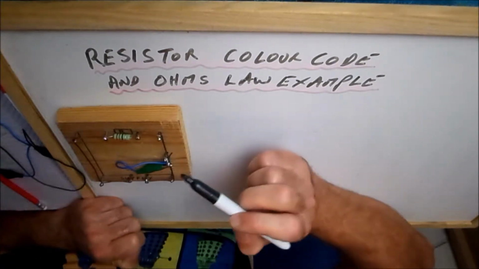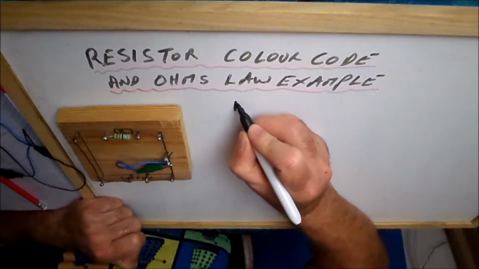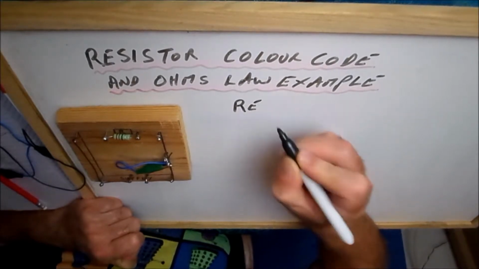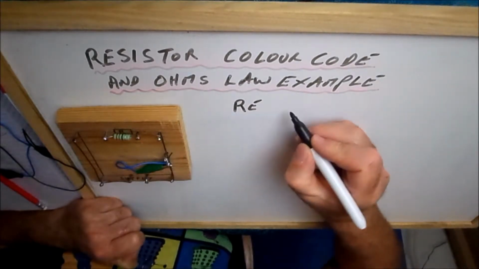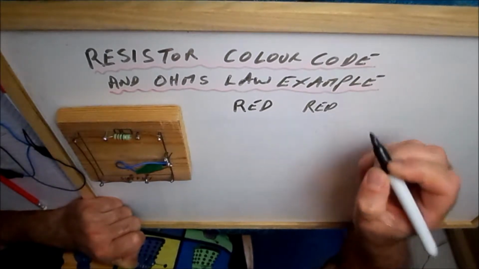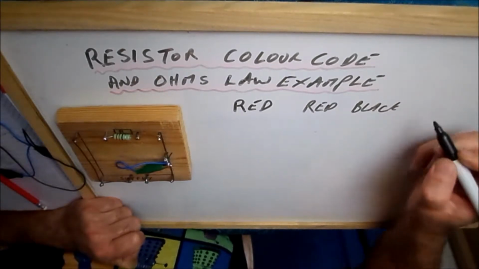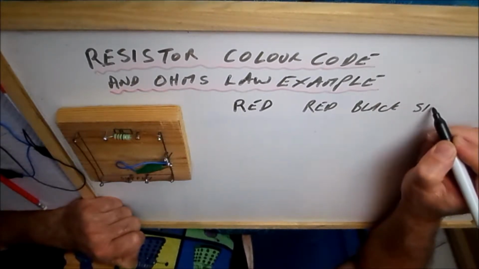Okay, so if we look at this resistor, we can see the first band is red. The second band is red. The third band is black, and the fourth is silver.